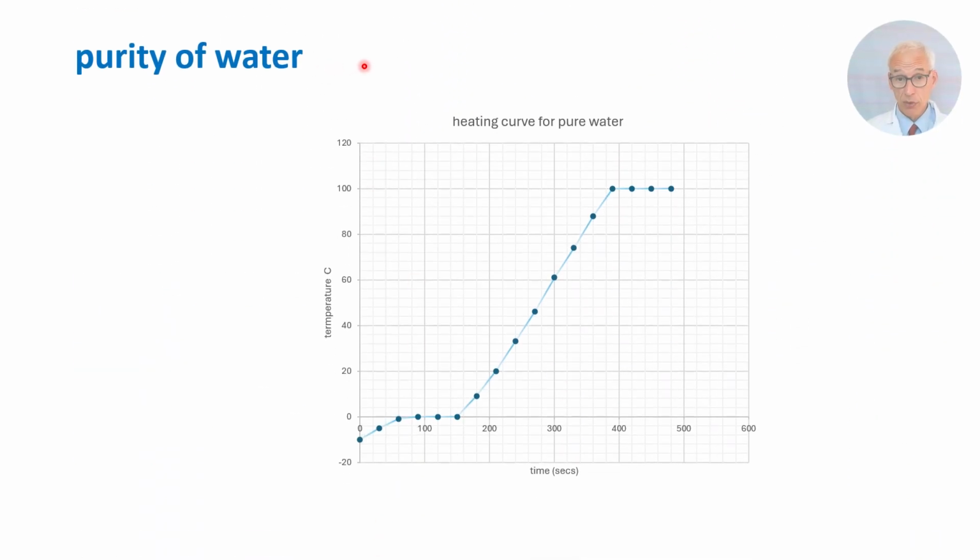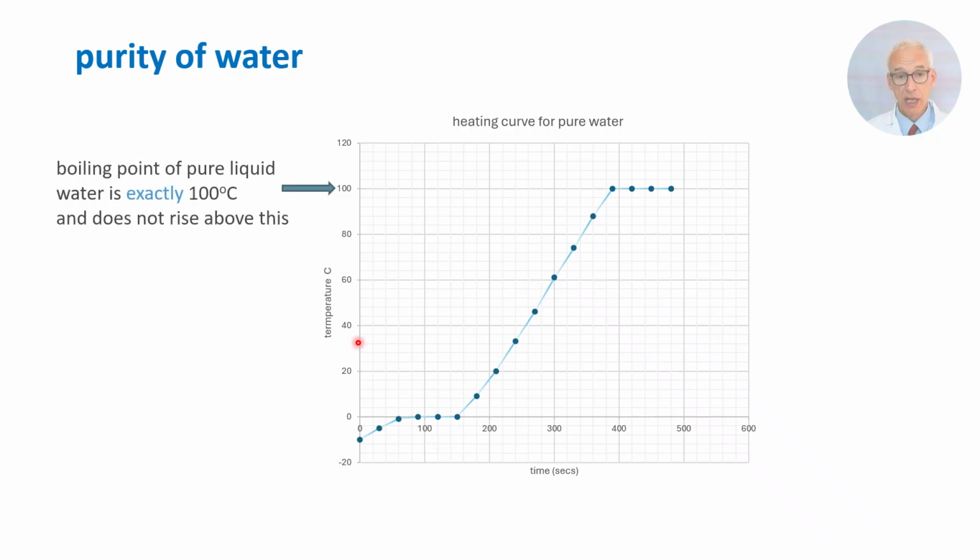Identifying water by a chemical test tells us nothing about the purity. An easy check for purity is to collect a significant sample and test for the boiling point. The boiling point of pure water is 100 degrees Celsius exactly. It doesn't rise above that figure. The melting point of pure water ice is exactly 0 Celsius.